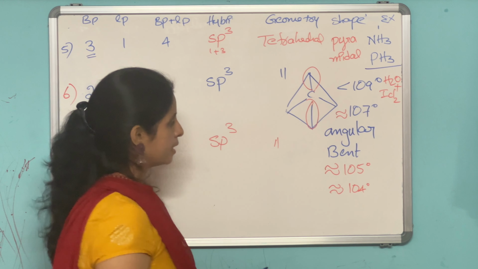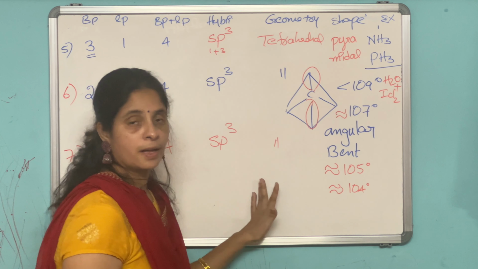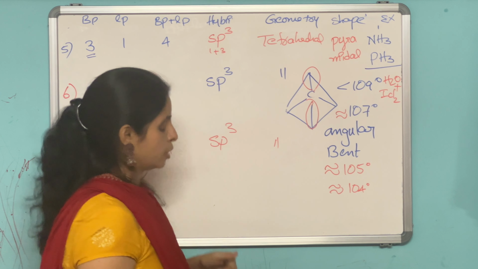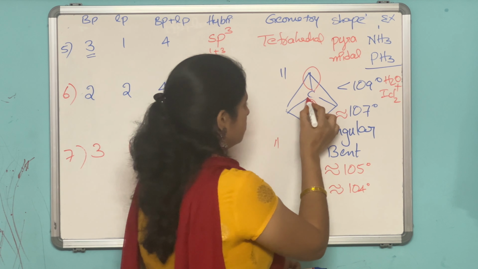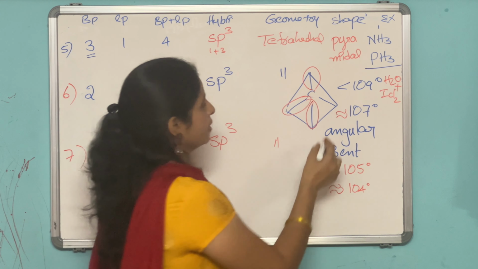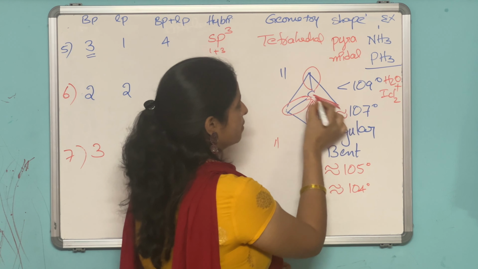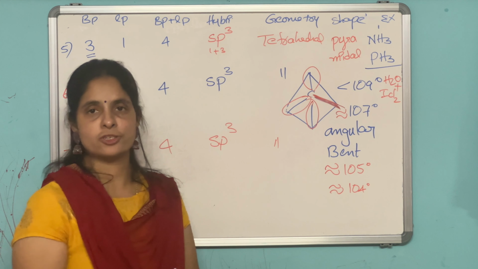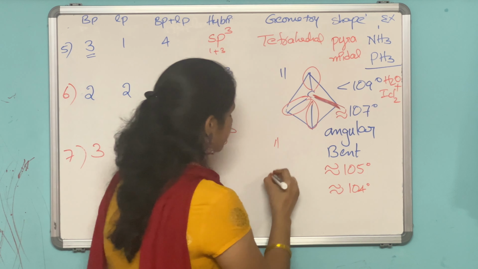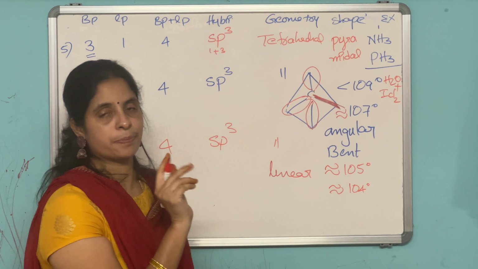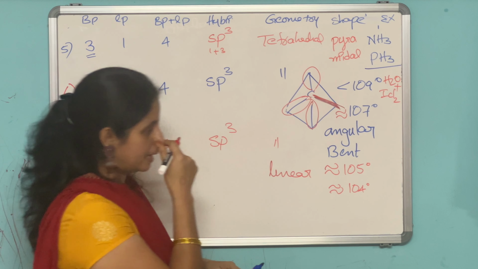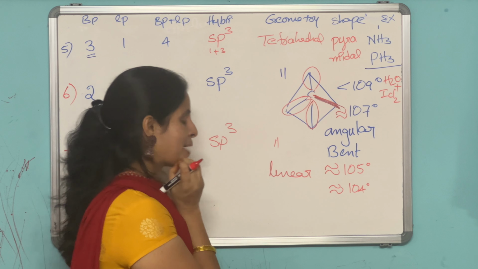What is the shape and where to keep the lone pairs? Here we say it is a linear shape, not geometry, because we will not consider the lone pairs. Geometry is tetrahedral, linear in shape.